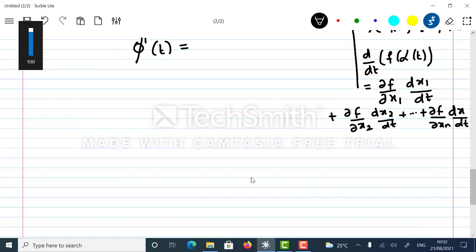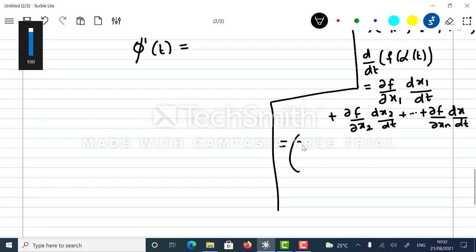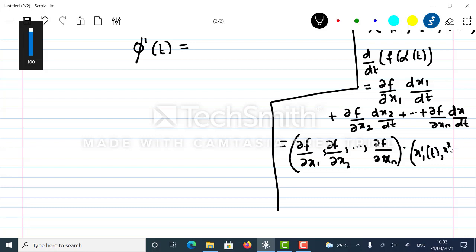You can see that this is equivalent to the dot product of dou f upon dou x1 comma dou f upon dou x2 dot dot dou f upon dou xn with dx1 by dt, or I can say x1 dash t, x2 dash t, dot dot xn dash t.